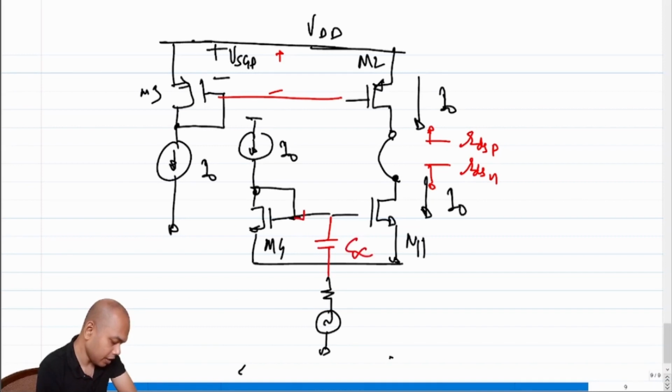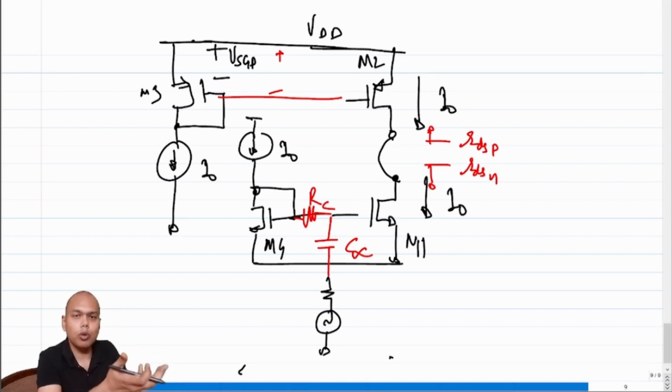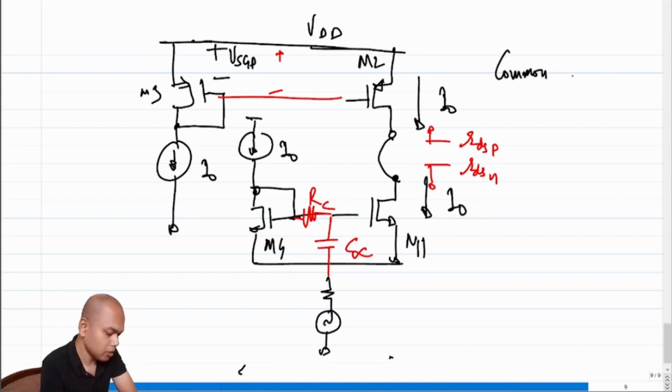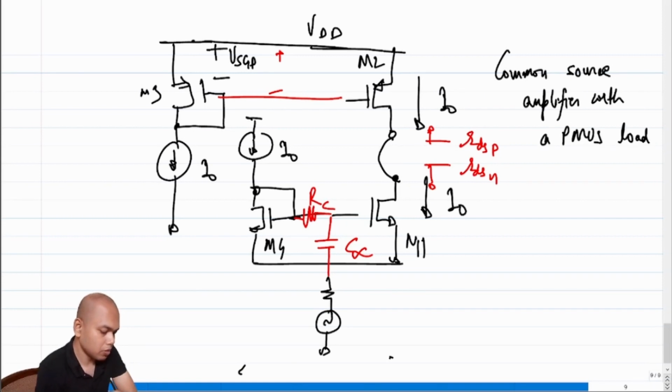This is some C infinity, and we put a resistor here, some RC. So this will give us the architecture for a common source amplifier with a p-MOS load. I should say a p-MOS current mirror load.